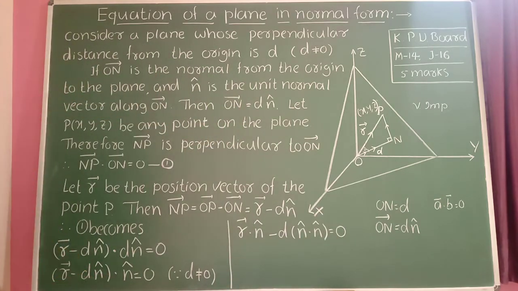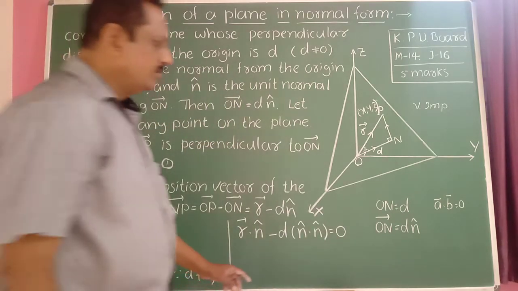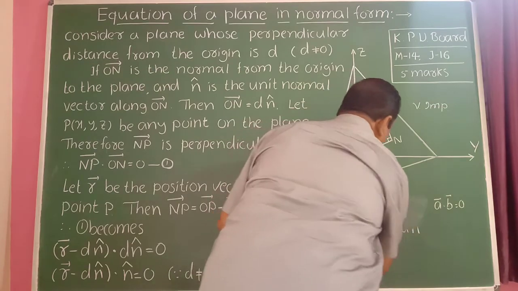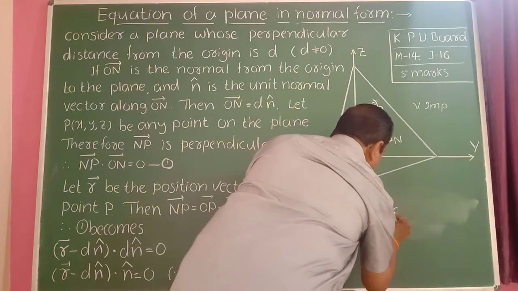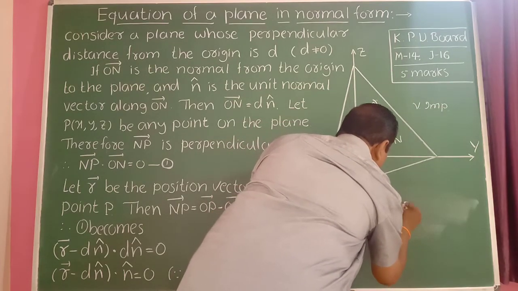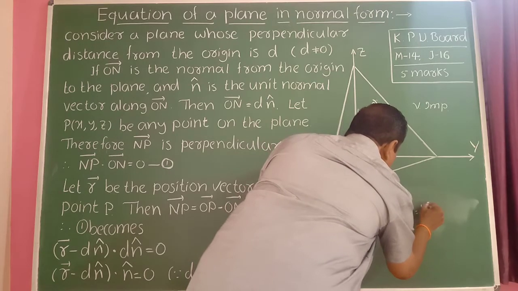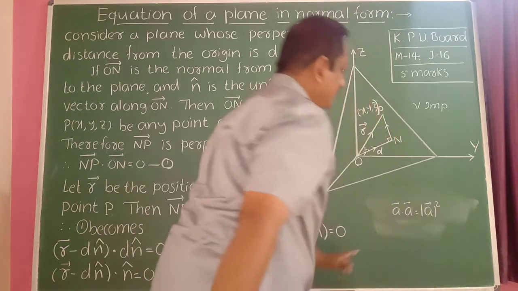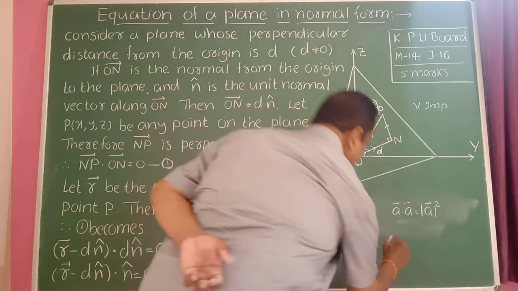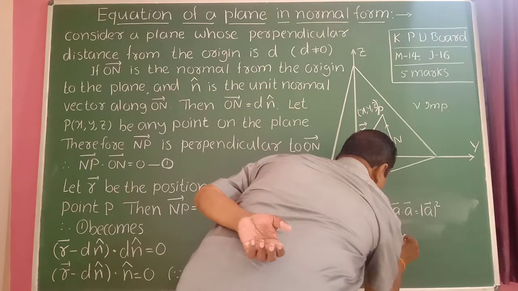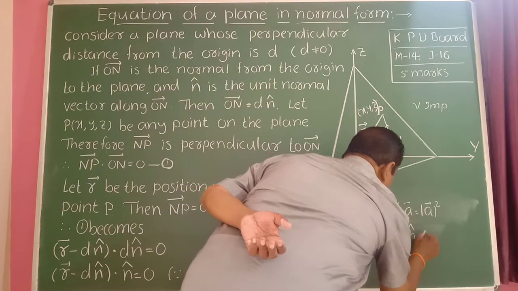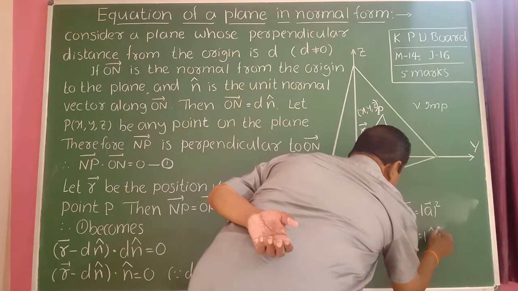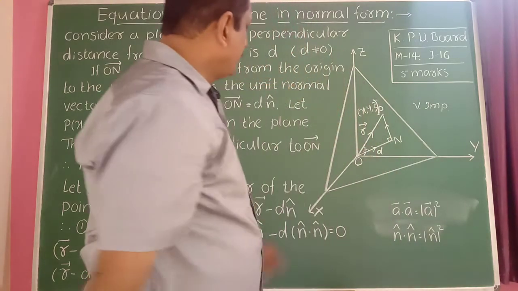Take n cap inside the bracket here. And you know this property: A bar dot of A bar is equal to modulus of A bar square. This is a property. Yes, n cap dot of n cap is equal to modulus of n cap square. And what is n cap here?